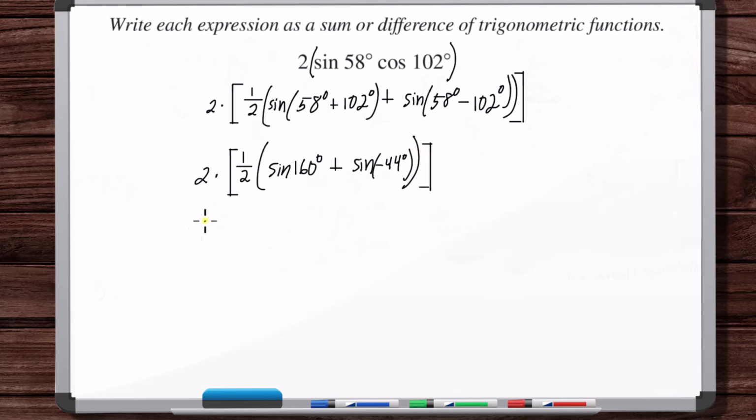Now we can distribute that 2, and so we're just left with sine of 160, and then the sine function is an odd function, so we can write sine of minus 44 as minus sine of 44. Now, can we simplify this any further? Is 160 a multiple of 15?